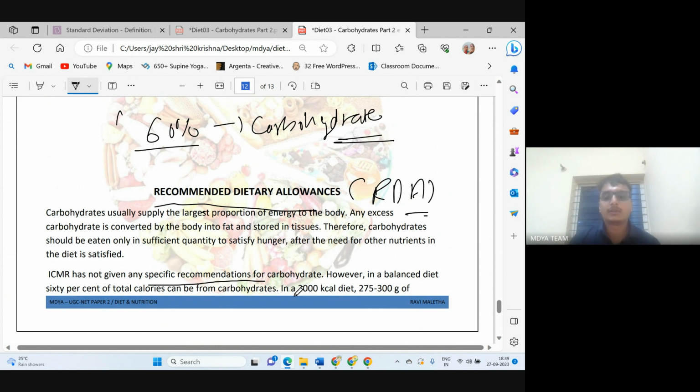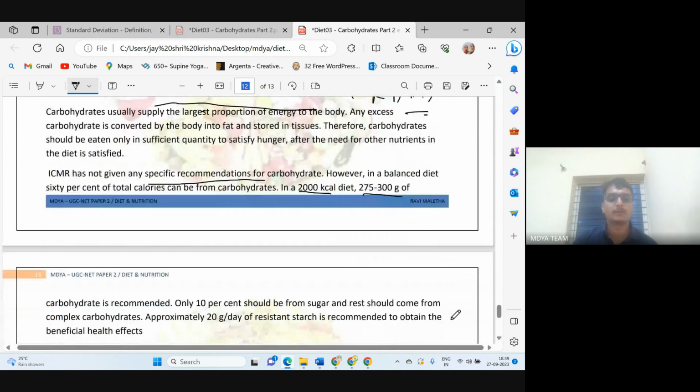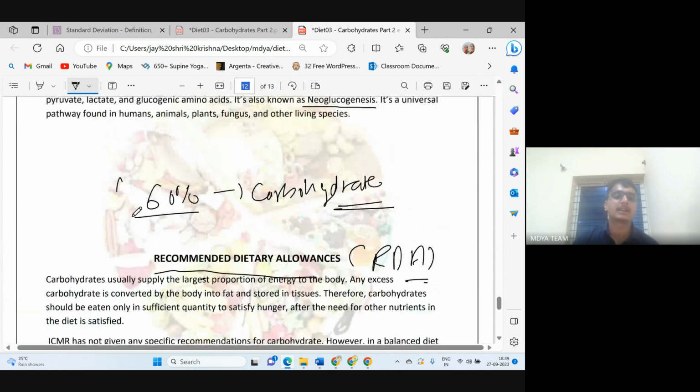If you are having a 2000 kilocalorie diet, then 275 to 300 gram of carbohydrate is recommended. Out of this 60%, only up to 10% should be from monosaccharide or disaccharide. The rest 50% should be polysaccharide.